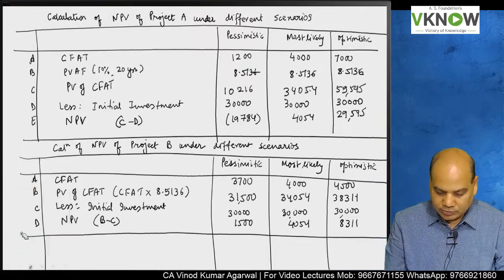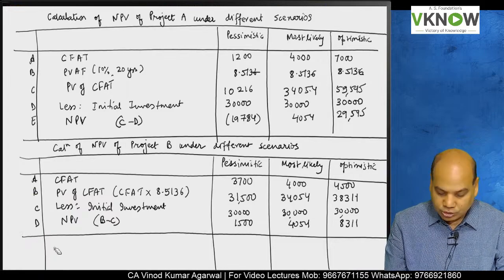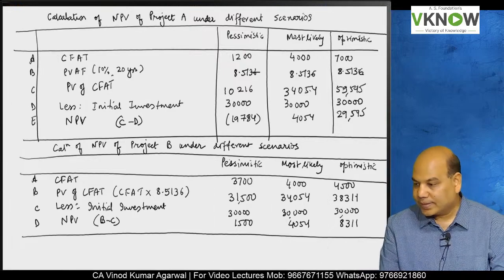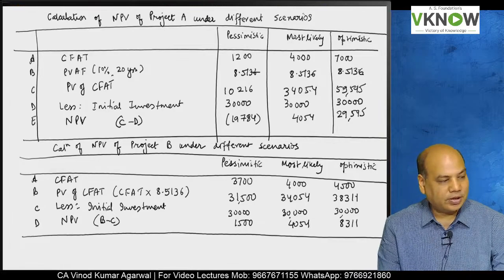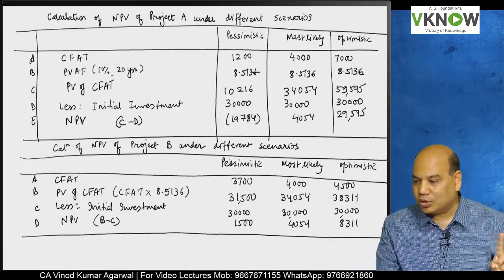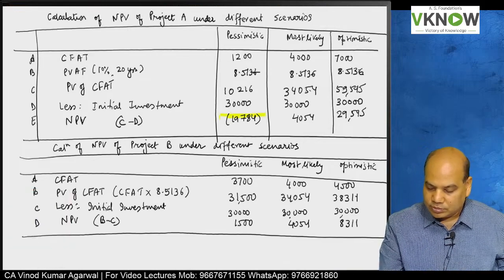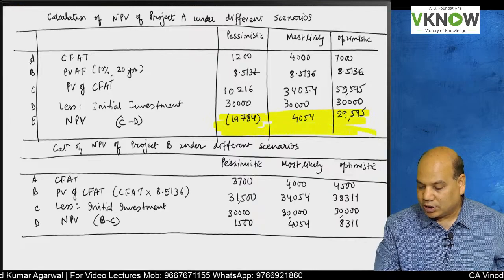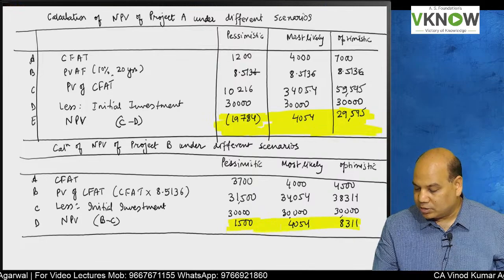Now the second part of the question is, which project do you consider should be selected by the company and why? Which project would you select and why? Everybody would reply. If you are the decision maker and if this is the scenario in front of you, project A can have these three NPVs, project B can have these three NPVs.